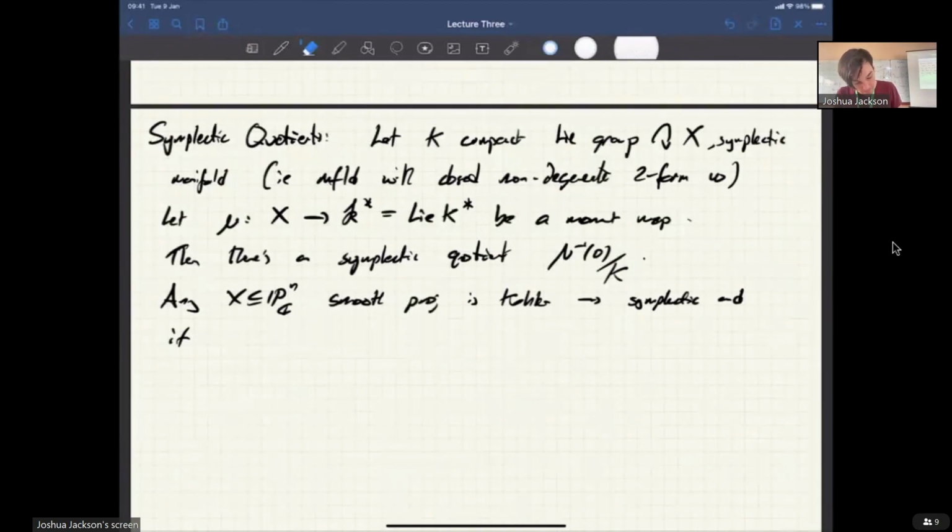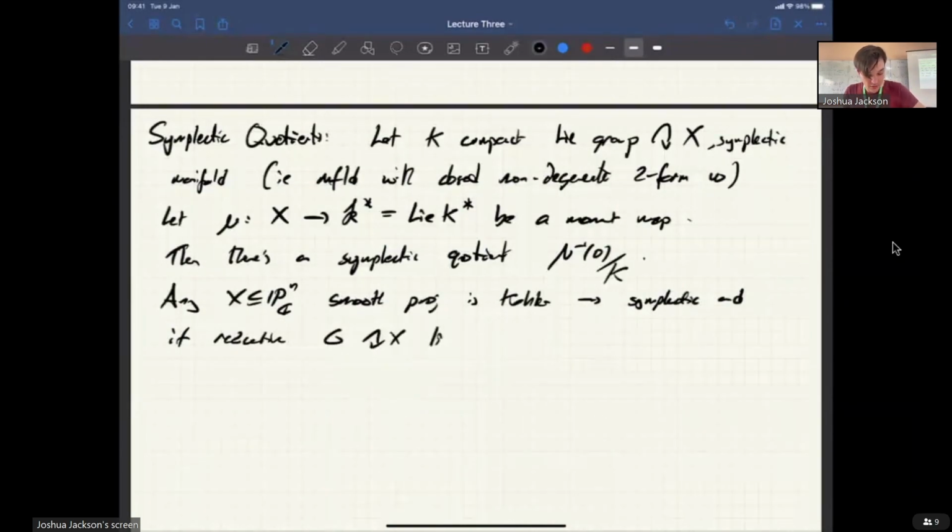So if a reductive G acts on X linearly, then there exists a maximal compact K in G, preserving the symplectic form, which is the Fubini-Study form.